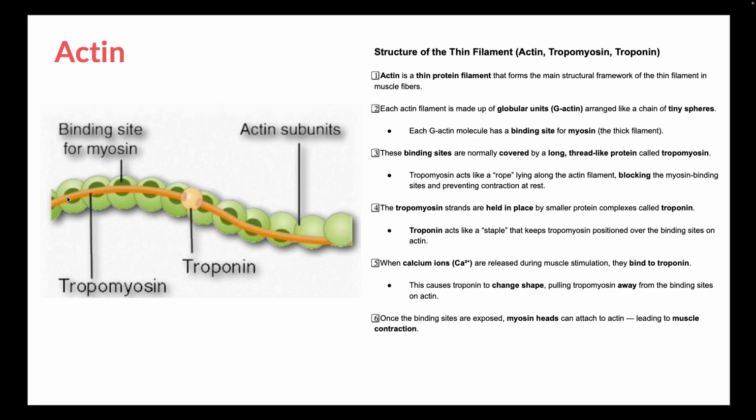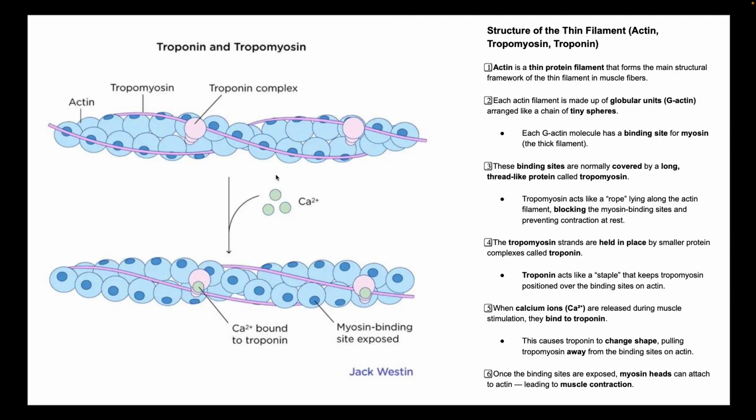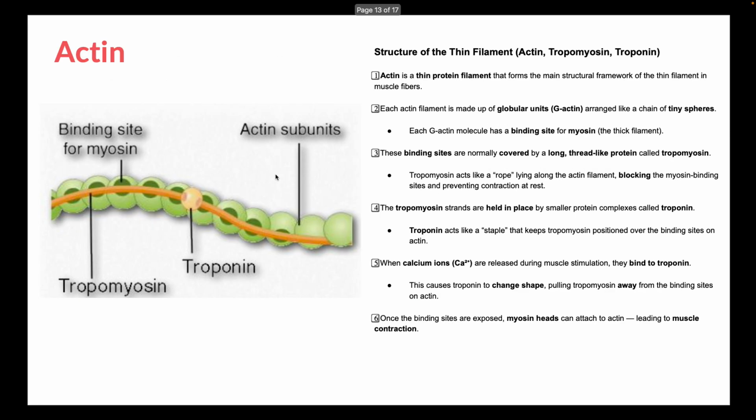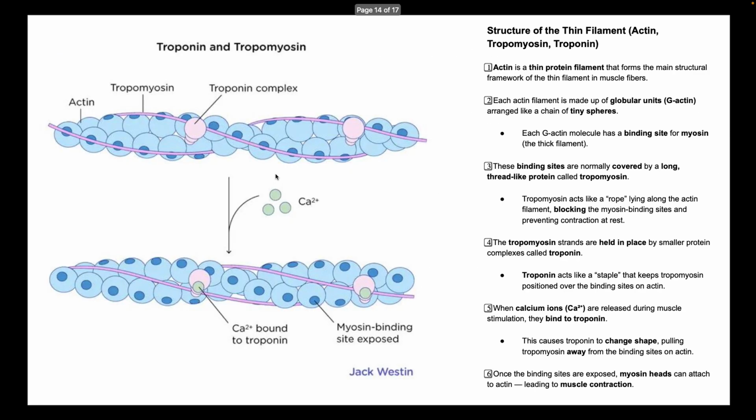So this is actin. Actin has those two regulatory proteins, the tropomyosin and the troponin. This was just one piece of an actin, and this is also like the full piece of an actin.